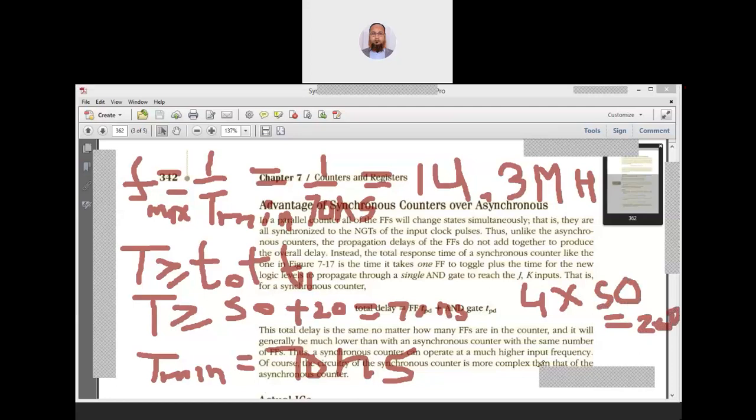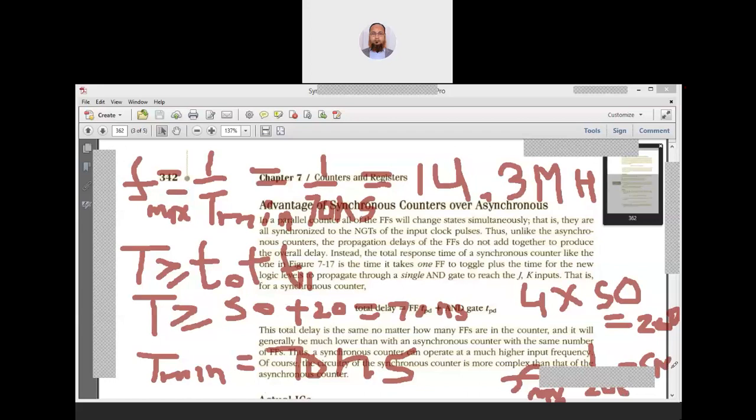What will be the frequency for the ripple counter? This will be F max for ripple, 1 over 200, and this gives us 5 megahertz.